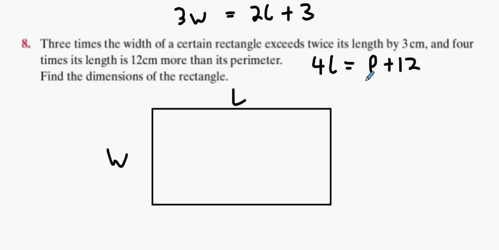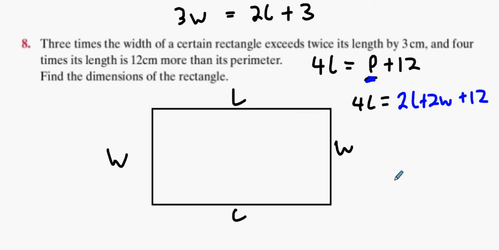Now, what is P? Anybody tell me what P is? What is the perimeter? It's L plus W plus L plus W. So perimeter, which is this part here, is 2L plus 2W plus 12, yeah? I think we're just getting a simultaneous equation here. Minus 2W, bring over to 2L, plus 2L equals 12.